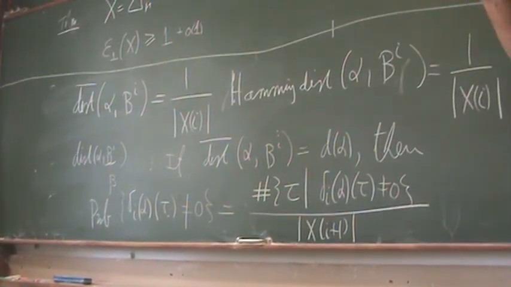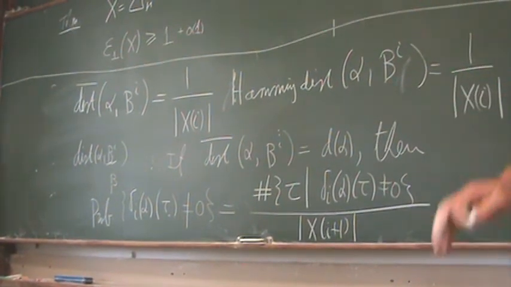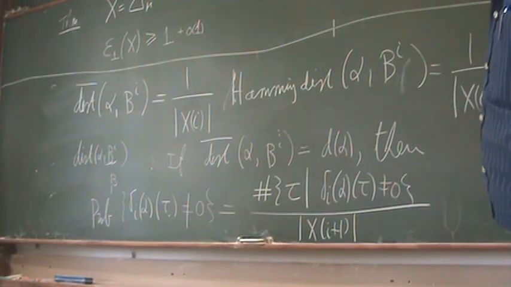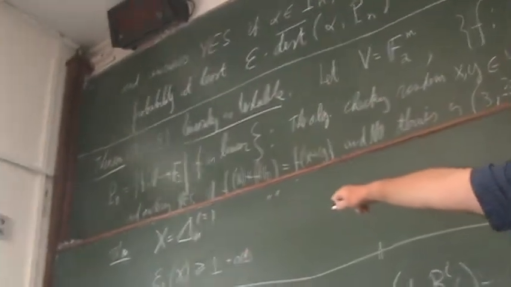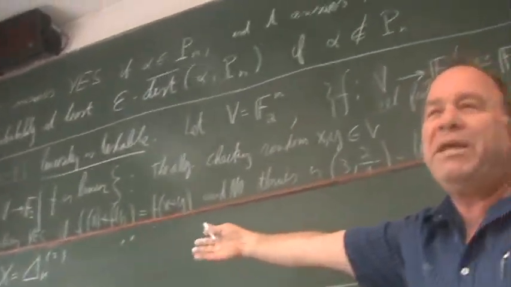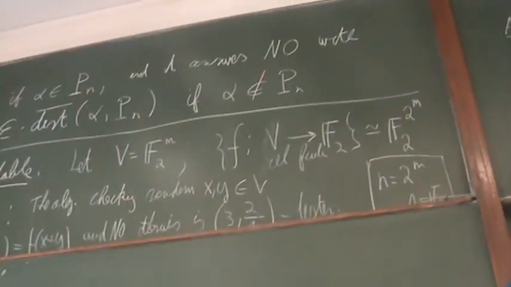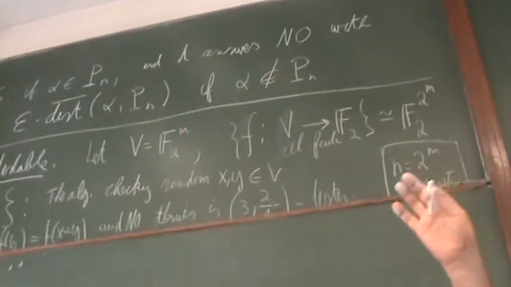In this case, all of them have the same weight. Anyway, this is the most cases, and please follow, because it's a trivial argument. There is nothing here than just going carefully over the definition.